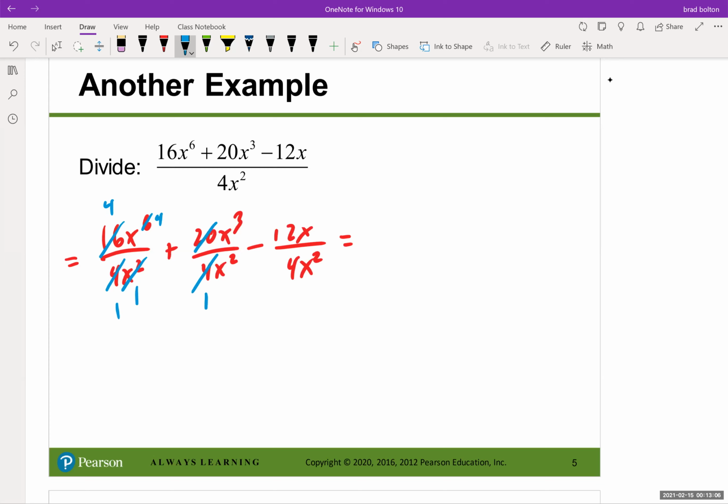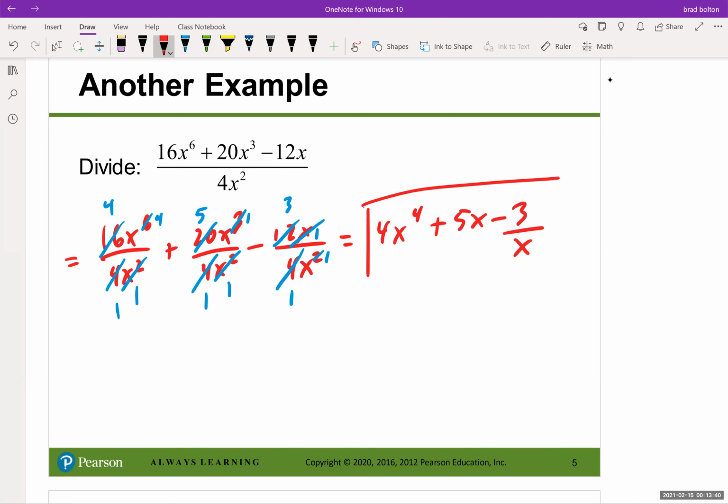The 4 becomes a 1, the 20 becomes a 5. All of these will cancel, become 1, but there'll still be 1 x left over in the numerator. This 4 becomes a 1, this becomes a 3, this becomes a 1, and this becomes a power of 1. So let's see what we have. We should have 4x to the 4th plus 5x and then minus 3 over x. Looks good.